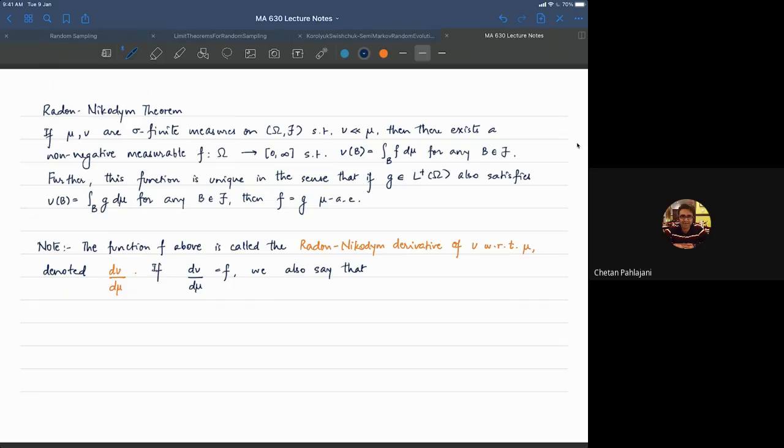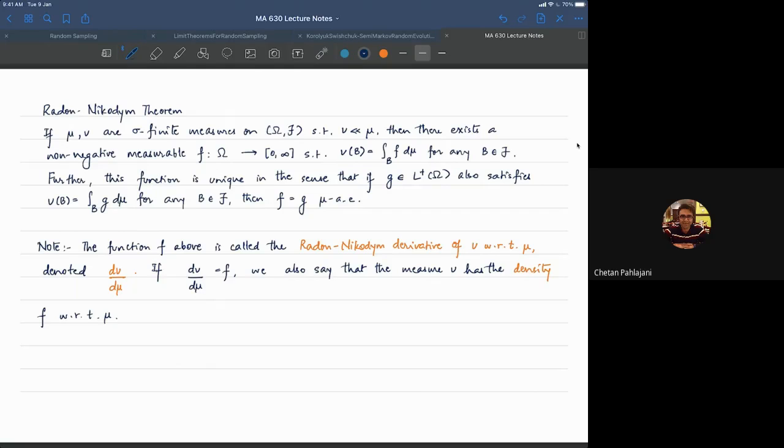We also say that the measure nu has the density f with respect to mu. So if you run into the statement that lambda has density f with respect to mu, what that means is d lambda d mu is f. That's just another way of saying the same thing.